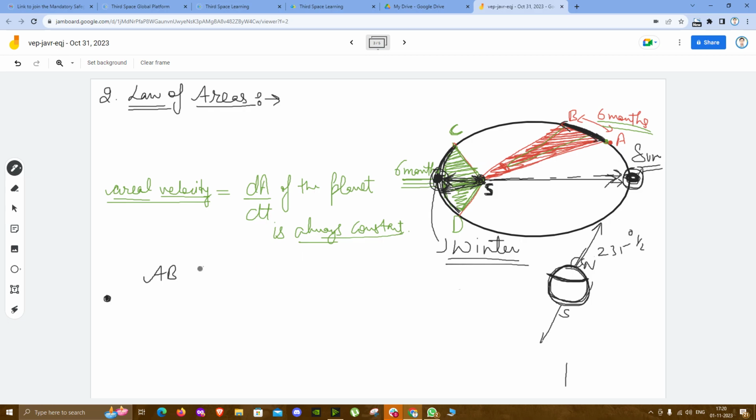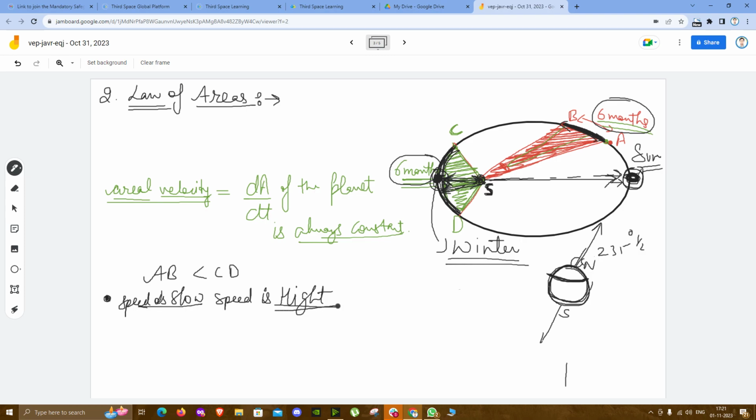AB is smaller than CD, taking them as arc lengths. How is it possible that it takes 6 months for both distances? It simply means that from C to D the speed of the planet is high, otherwise it won't cover this much bigger distance in 6 months. And from A to B, the speed of the planet is slow.